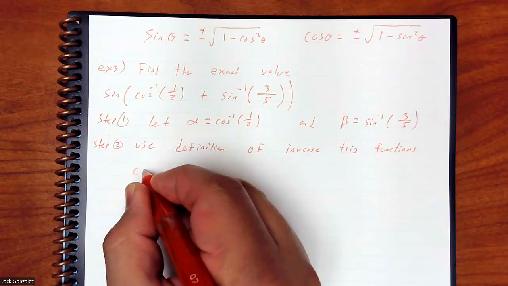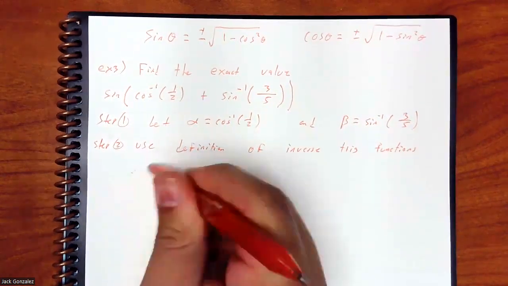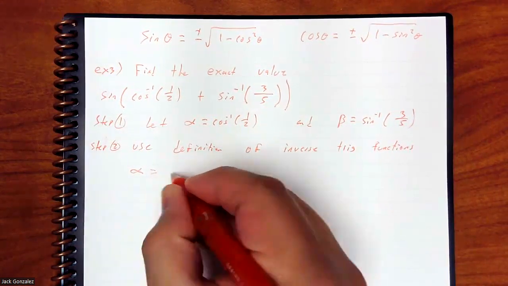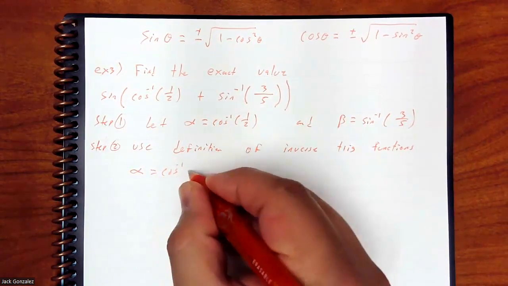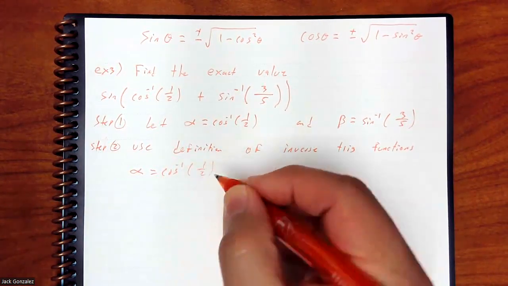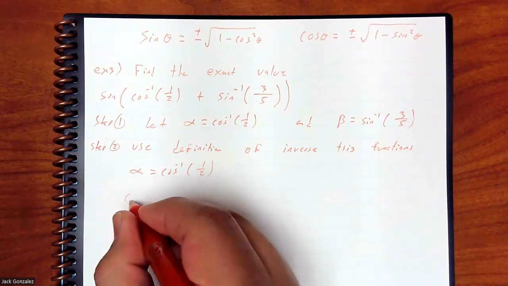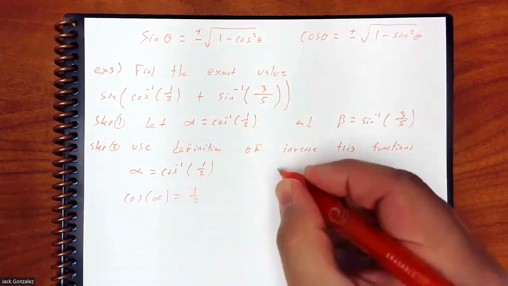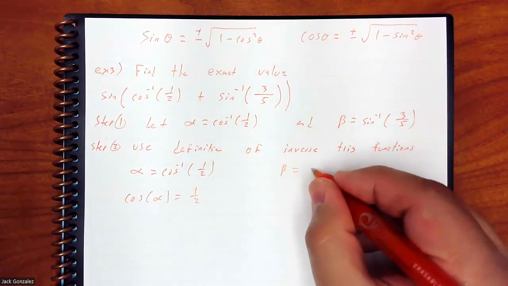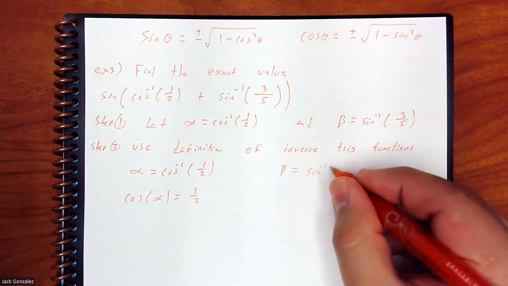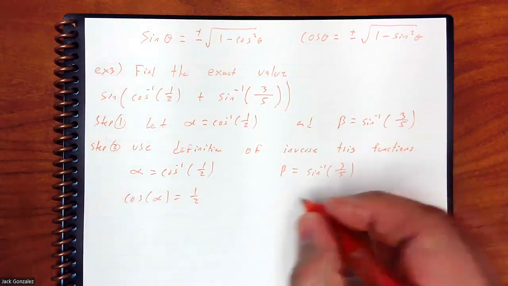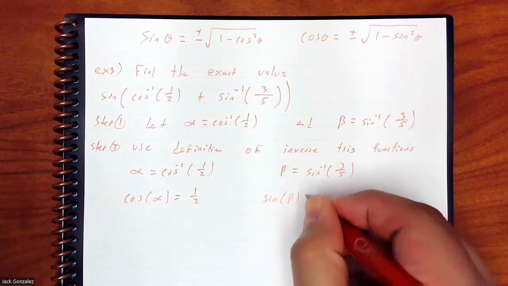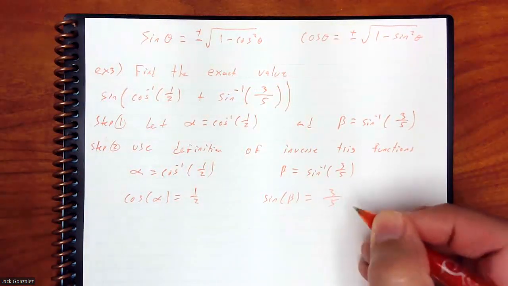This means, let me show the step, alpha equal to cosine inverse of 1/2 implies that cosine alpha equals 1/2. Similarly, beta equal to sine inverse of 3/5 means that sine of beta equals 3/5.